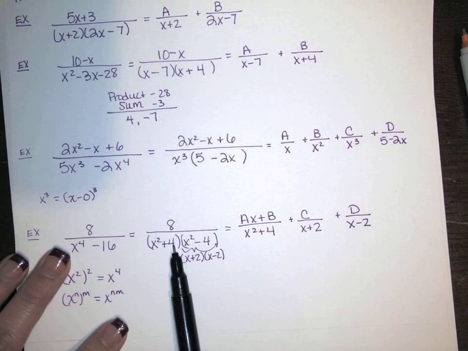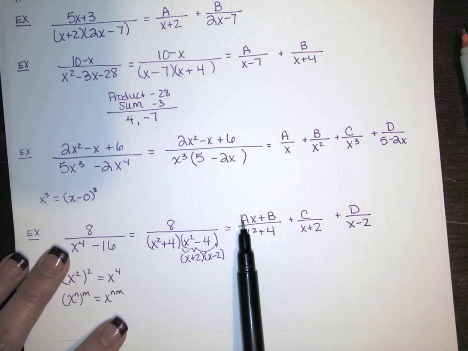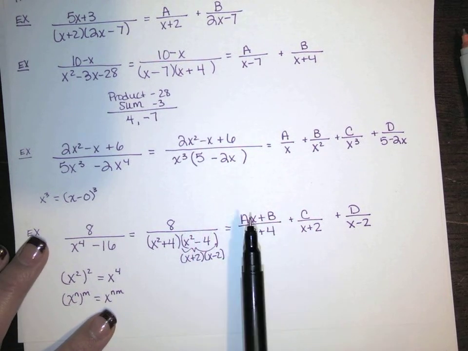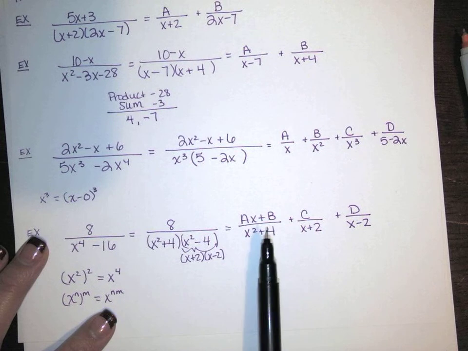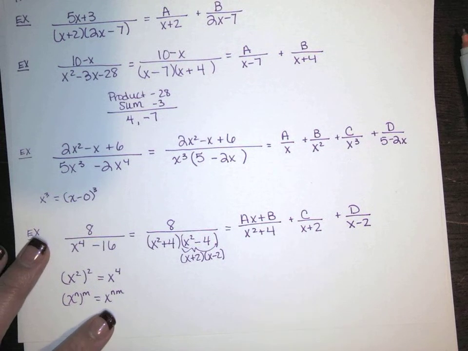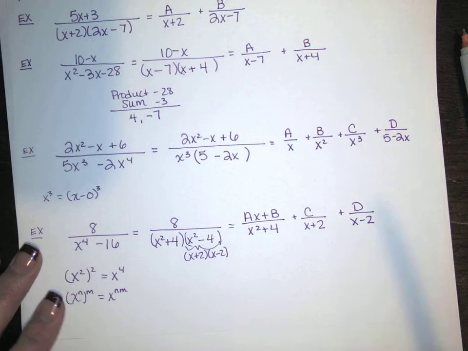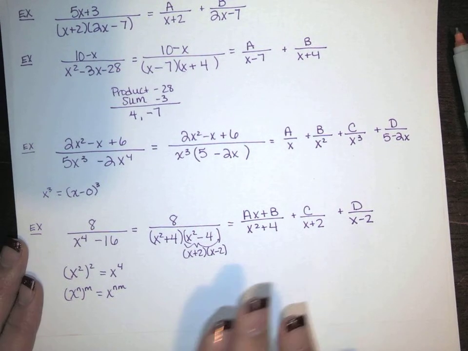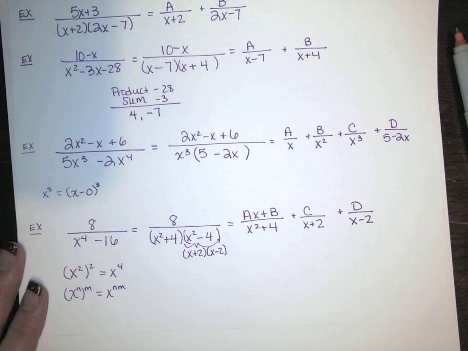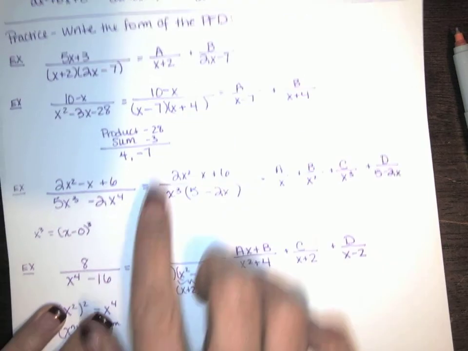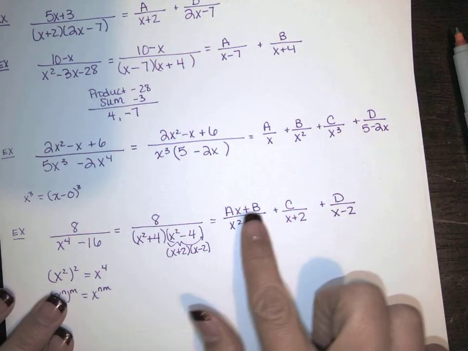And if it's an irreducible quadratic, remember you get a constant times x plus a constant in the numerator. And even if it was repeated, you'd get a constant times x plus a constant over that factor squared or cubed, depending on what the original expression looked like. So that's it for that. Watch the other videos if you want to learn how to find A and B and A, B, C, and D.